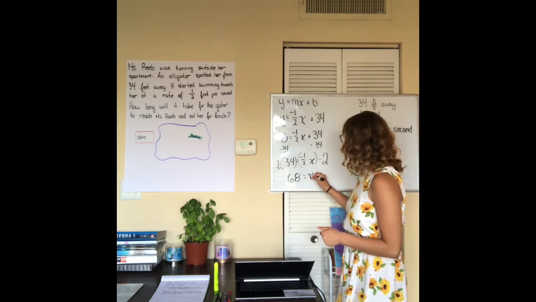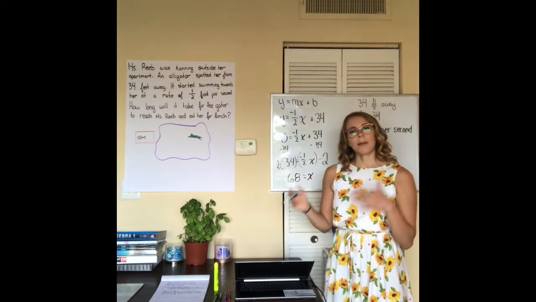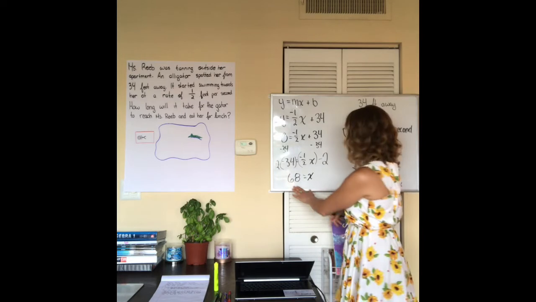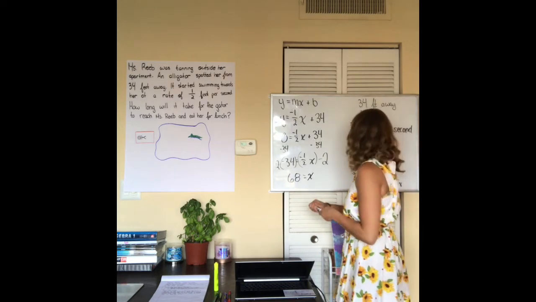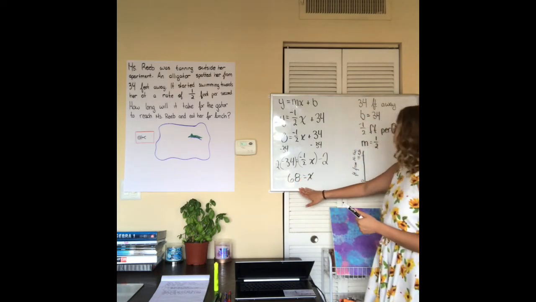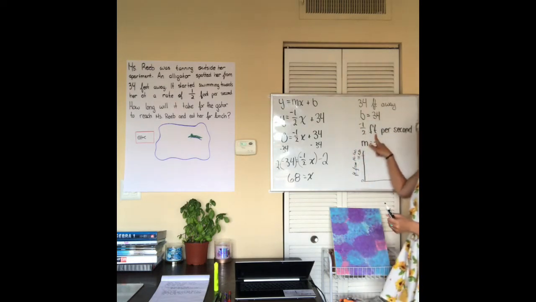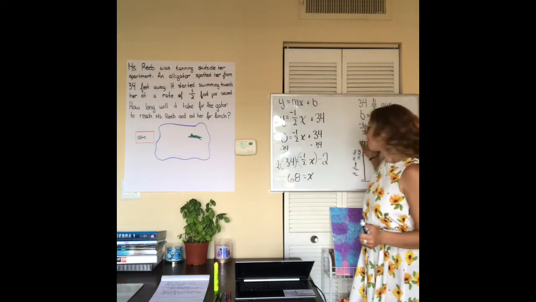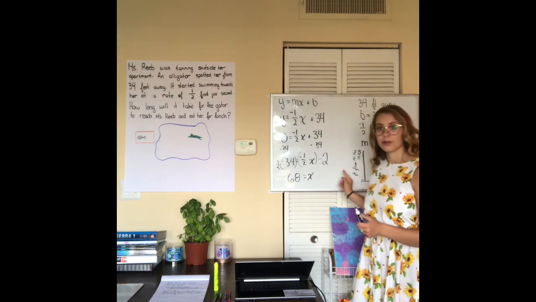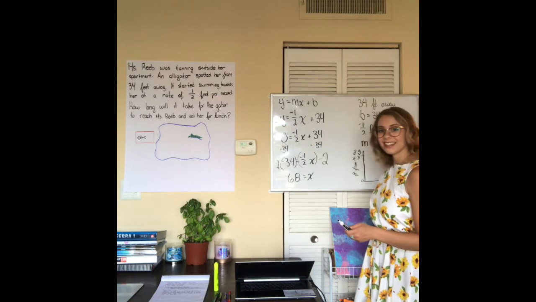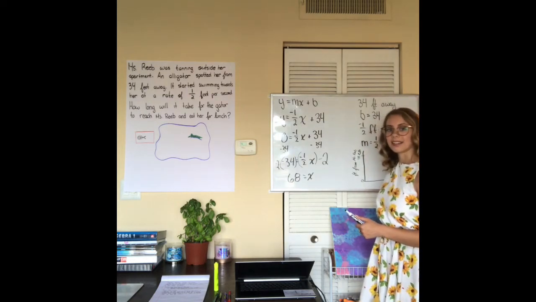I want to take it back to the units for a minute and figure out what my units are going to be. So my rate was negative 1/2 feet per second. Well, we've already covered that the feet are our y values, so that means that seconds are going to be our x values or our x units.